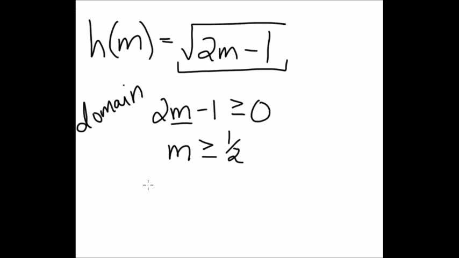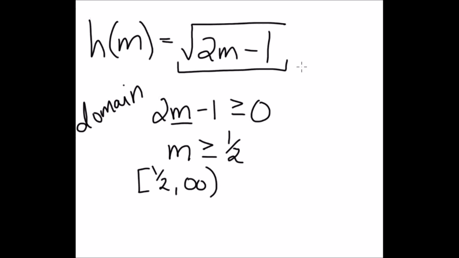So in other words, the domain, and we'll write it this time in interval notation, the domain of this function would be the closed set positive 1/2 to positive infinity. To think about the range, now we need to think about what values the term square root of 2m minus 1 can take on.